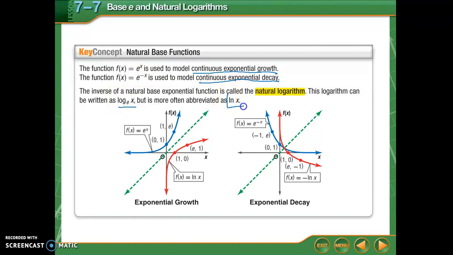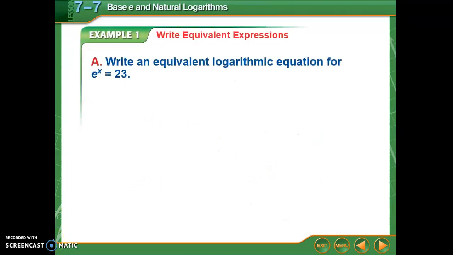Instead of writing log base e of x, we usually abbreviate it as ln, natural log of x. So log base e of x is equal to ln of x. So when you see ln of x, you should think log base e of x. And here, they're just showing you how the natural log of x is the inverse of e to the x, just like the other exponential and logarithmic functions that we have seen.